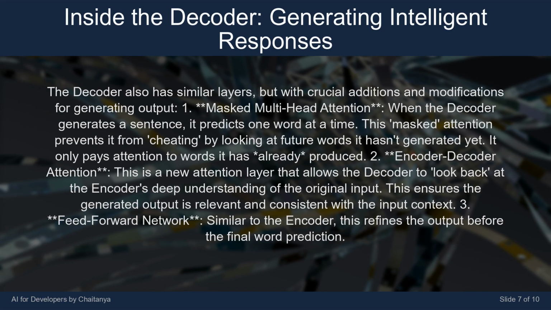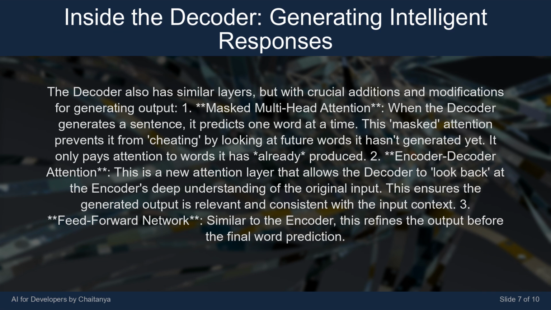1. Masked multi-head attention. When the decoder generates a sentence, it predicts one word at a time. This masked attention prevents it from cheating by looking at future words it hasn't generated yet. It only pays attention to words it has already produced. 2. Encoder-decoder attention.